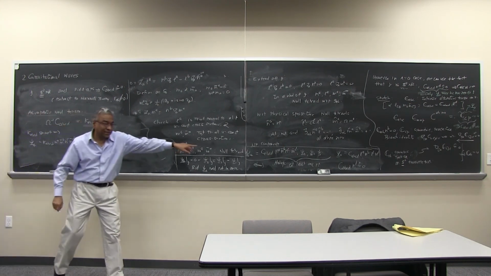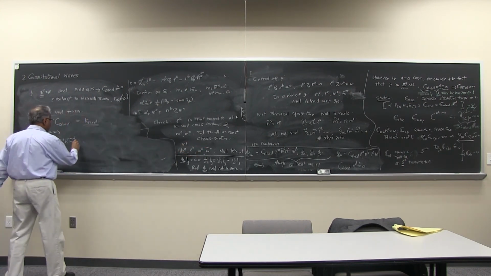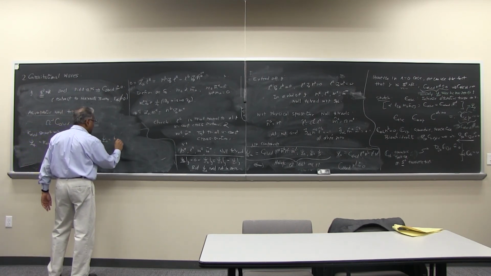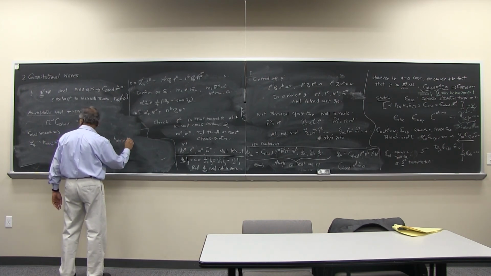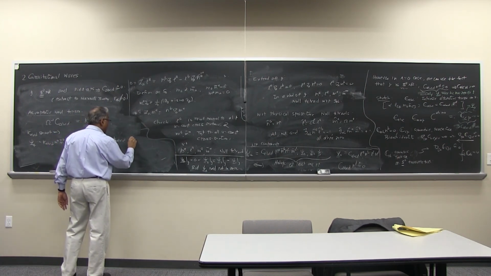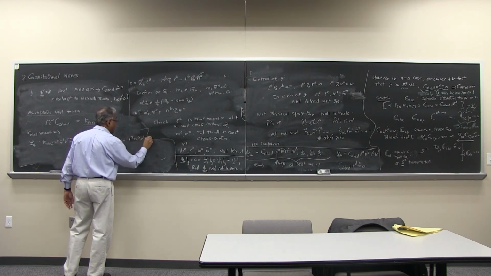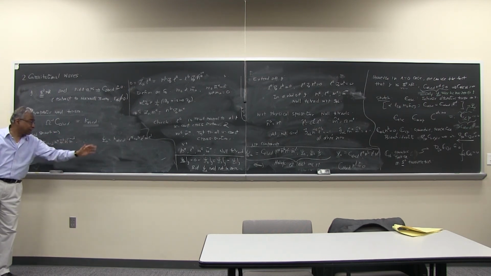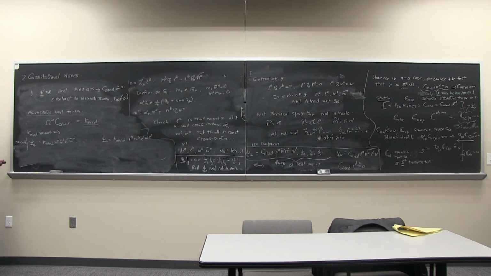So the same definitions, but instead of C, I'm using K. And psi 0 is equal to K_ABCD l^A, m^B, l^C, m^D. Same thing, except with K_ABCD. Then the statement is that these are all smooth, and in general they are non-vanishing. Of course, in specific solutions, some of them may vanish, but in general they are not vanishing. So these are the asymptotic Weyl tensor components, and they are smooth up here.